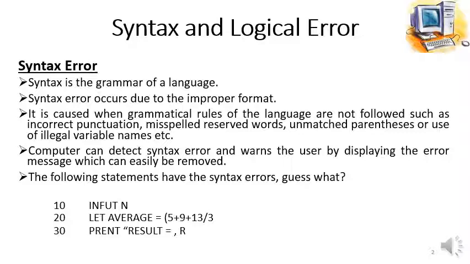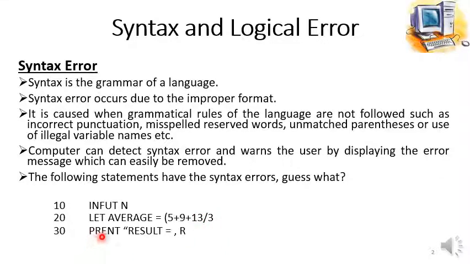In the second statement, they have written let average is equal to 5 plus 9 plus 13 divided by 3. Now they are not following the proper format for writing this expression, because if there is an opening parenthesis, there must be a closing parenthesis after 13 and then the whole divided by 3.